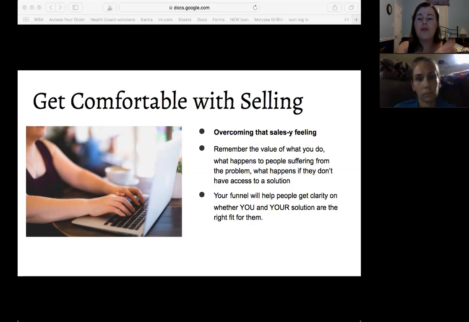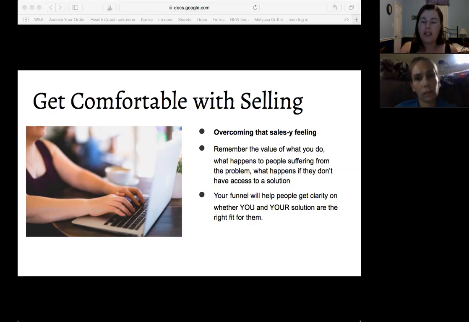So your funnel helps them realize whether they're at the point to make a change. It can even help them move up a step. I can't remember the steps now, but if they're almost ready to make a decision to do something, you can say, look, this is the motivational interviewing, right?